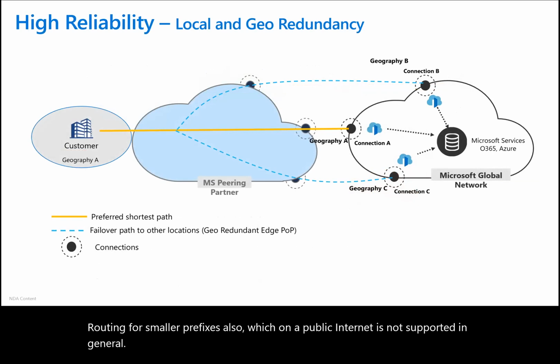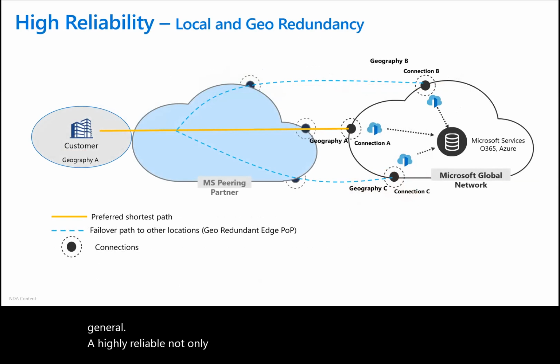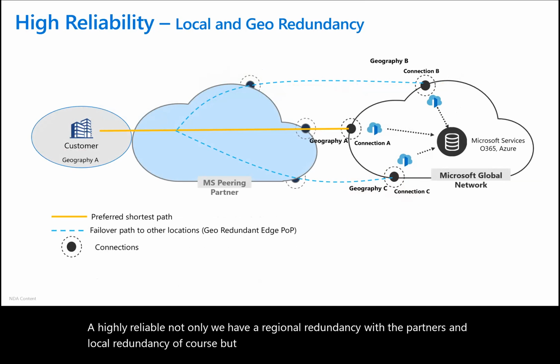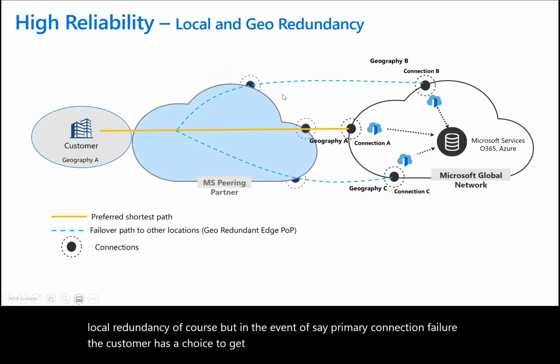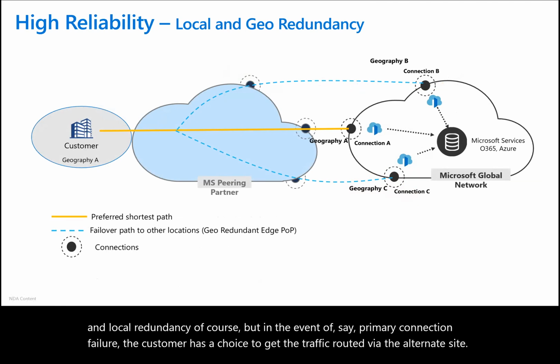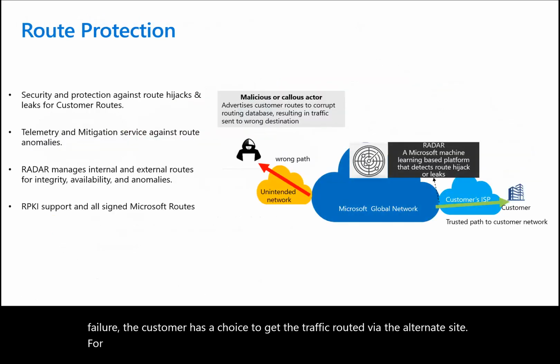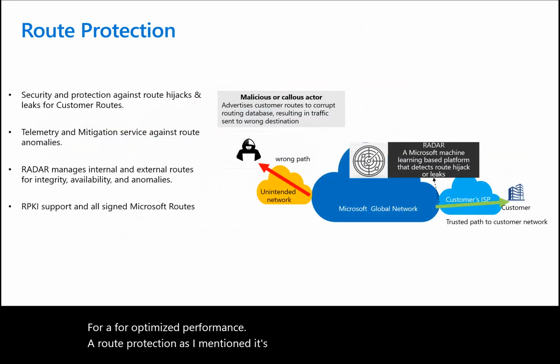Highly reliable. Not only do we have regional redundancy with the partners and local redundancy, of course, but in the event of, say, primary connection failure, the customer has a choice to get the traffic routed via the alternate site for optimized performance. Route protection, as I mentioned, is against malicious actors.